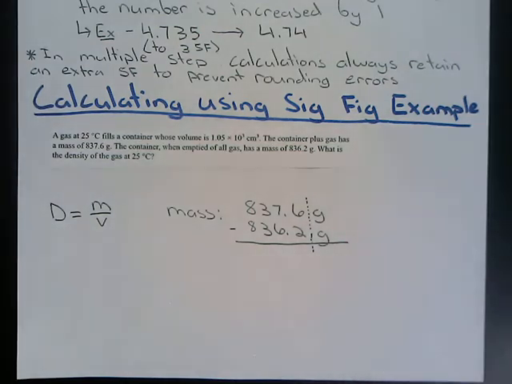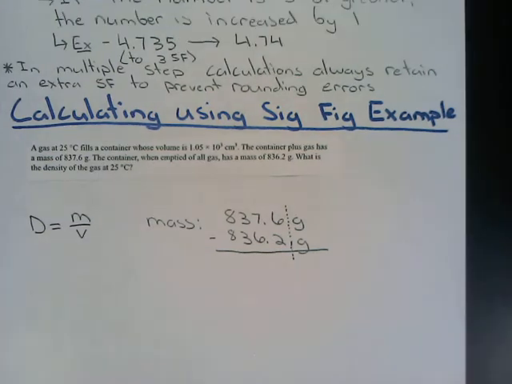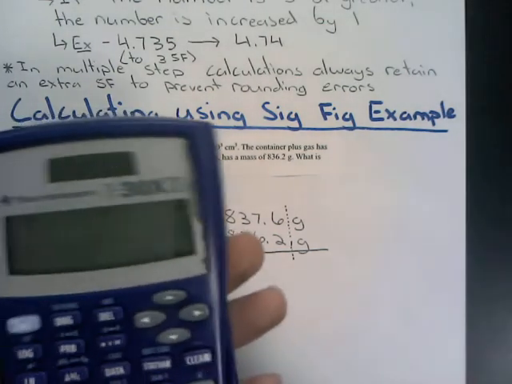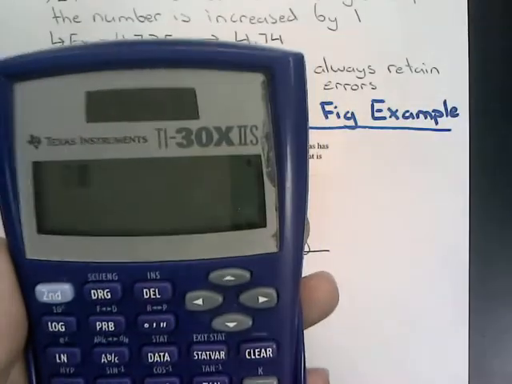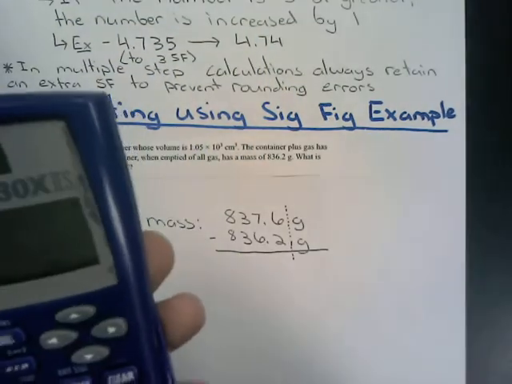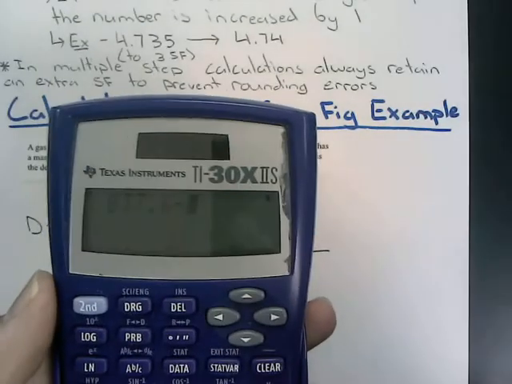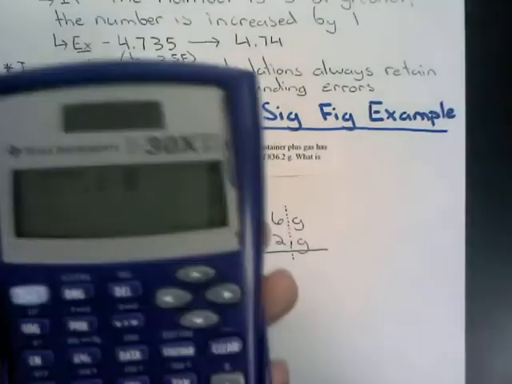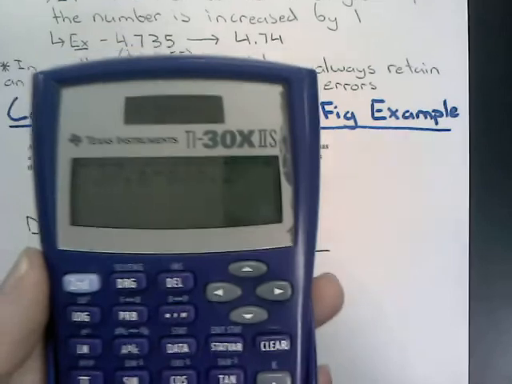Again, this is really nice because what that means for us is that we can just plug in the calculation and round, as we'll see. So all I'm going to do here is plug in 837.6 minus 836.2.